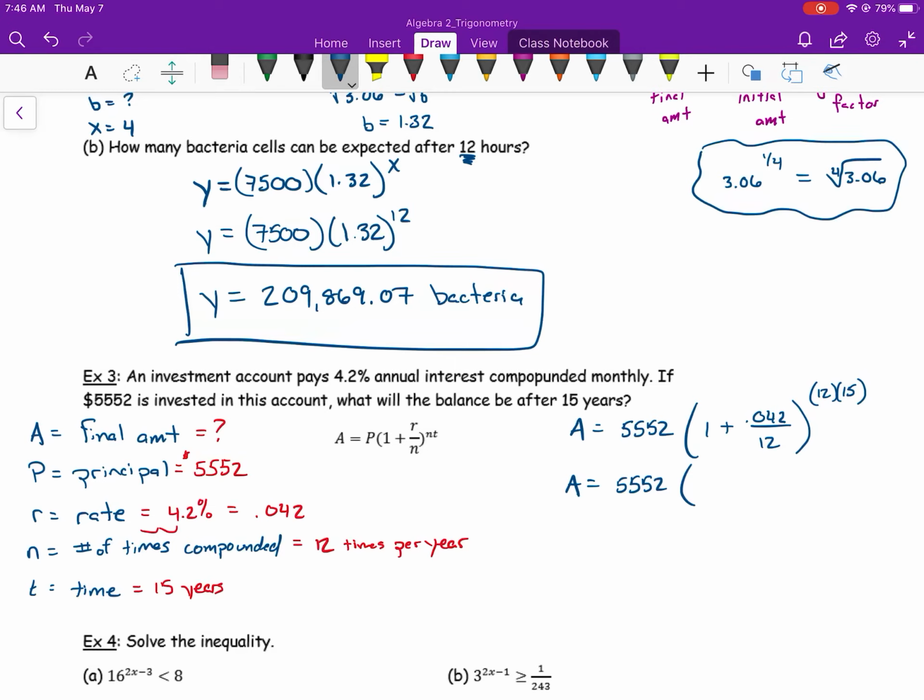Put in the parentheses in the calculator, you get 1.004. 12 times 15 is 180. Alright, and then I'll slap another set of parentheses on that. So multiply that. And after 15 years, you will have a whopping $11,389.84.